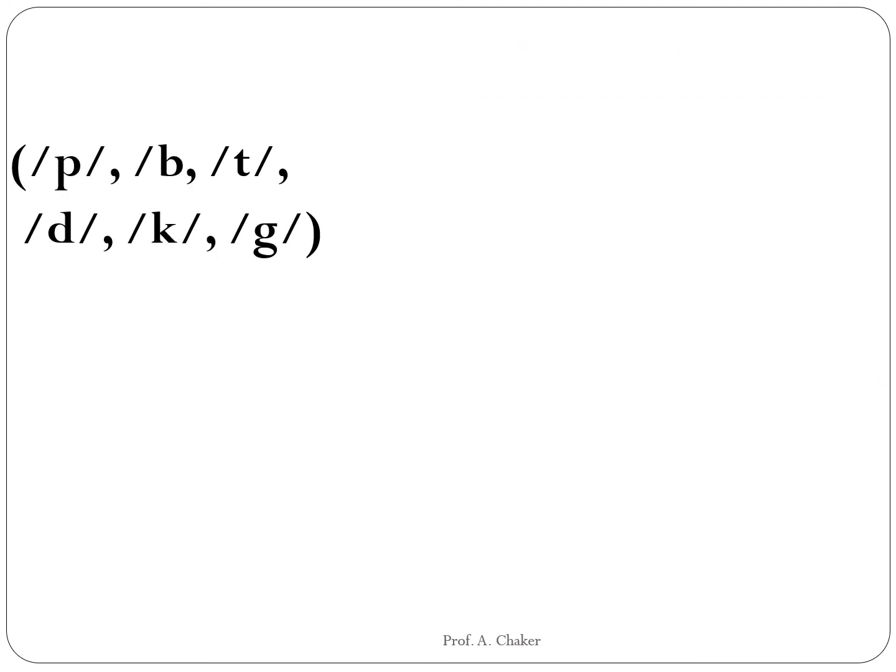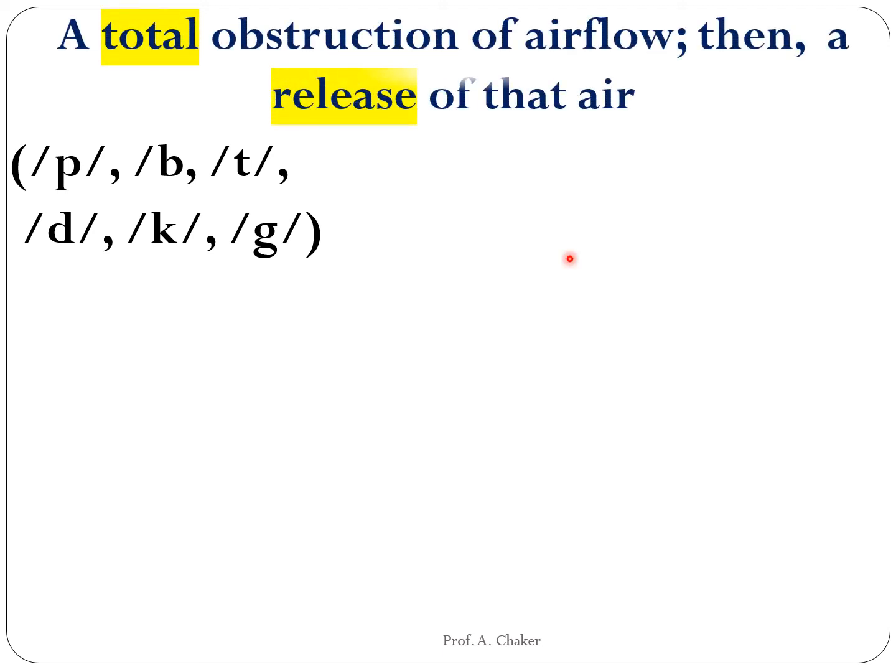Focus on these sounds: p, b, t, d, k, and g. Now, focus on the way the air is constricted. So there is a total obstruction of airflow. Say p.